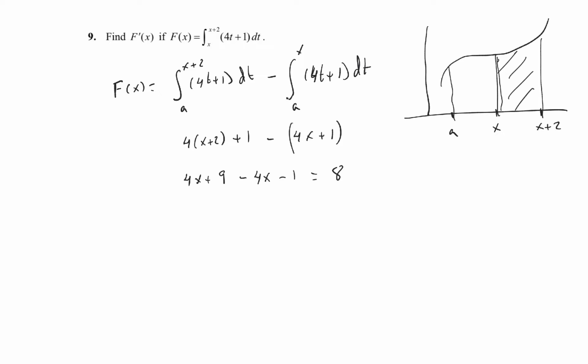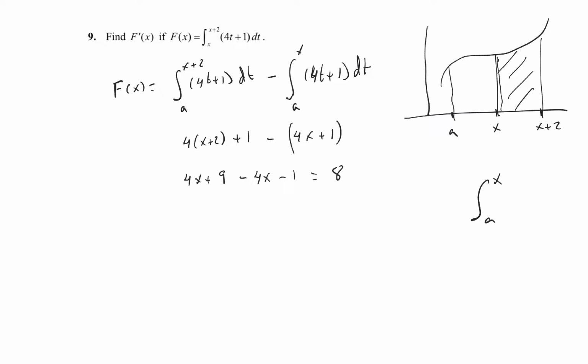Now, if we have to apply the second fundamental theorem of calculus, this is not in the form of the integral from a to x. This is in the form of the integral from x to x plus 2. But we need to convert it to the form from a to x. So the way to convert it: this area is the area between a and x plus 2 minus the area between a and x.